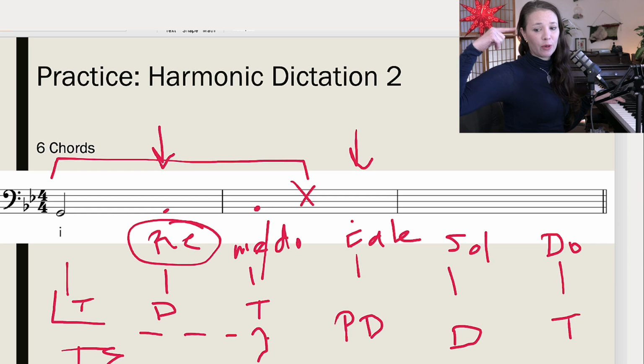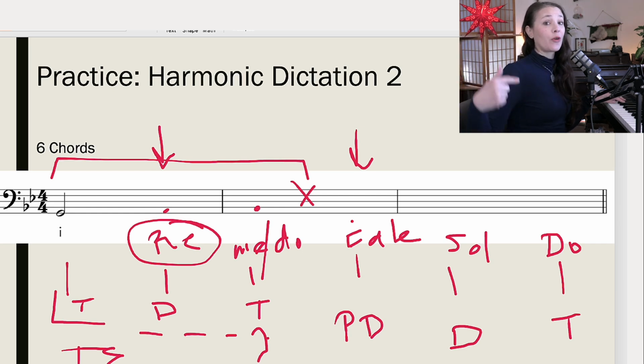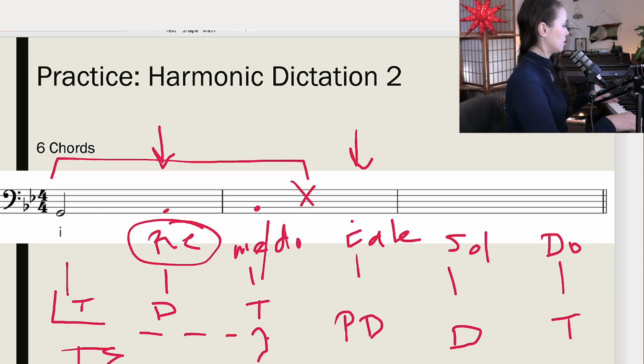So how do we get from the 4th to the 5th chord? Listen once again. I'm going to play that again.